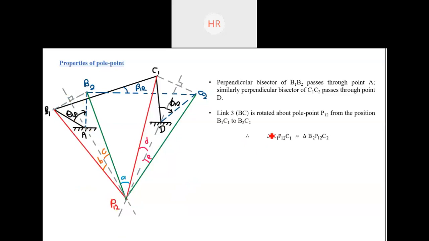Therefore, you can say triangle B1 P12 C1, this red color triangle, is nearly similar to triangle B2 P12 C2, the green color triangle. This is nearly equal. That is another property for this pole point.